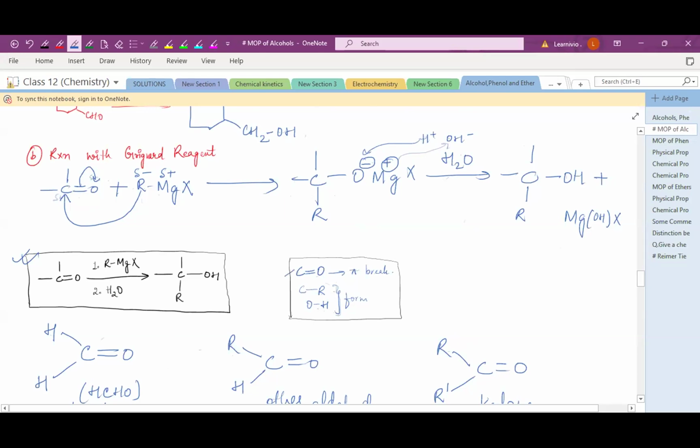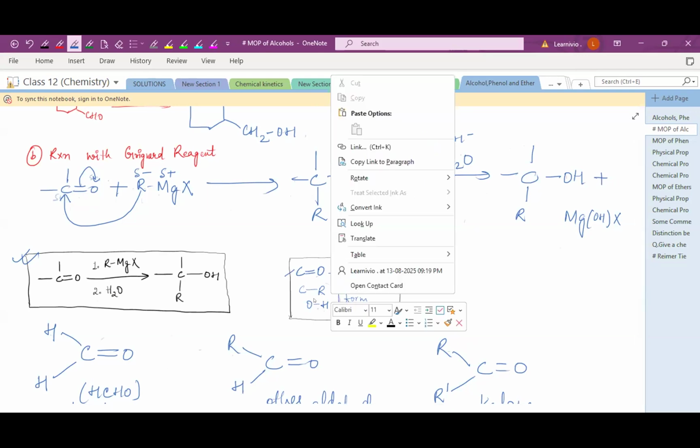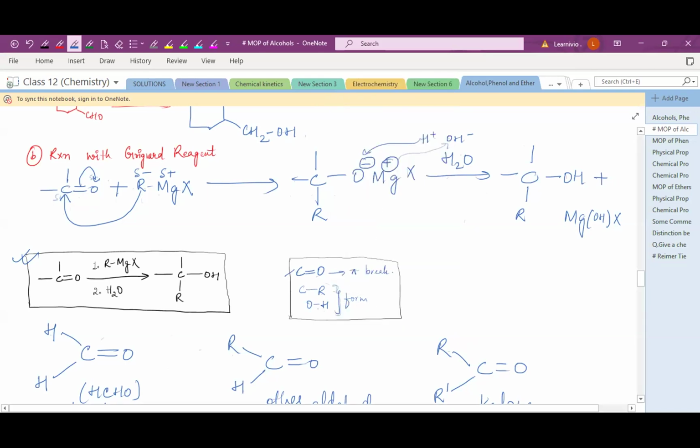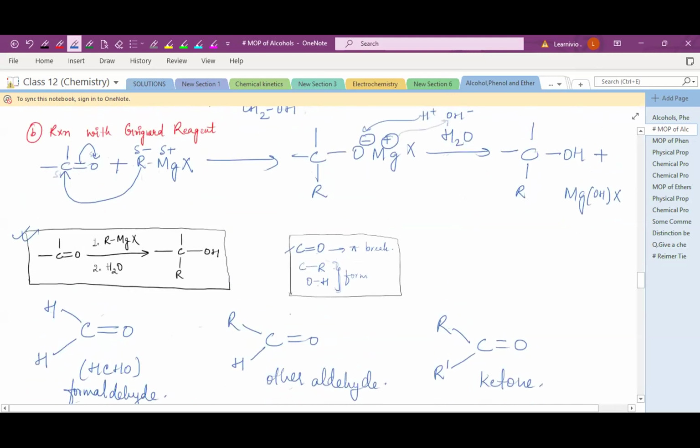This pi bond will break, and new bonds will be formed between the carbon and the R alkyl group, and the OH bond will be formed. Clear, Ali? Yes, ma'am. Okay, quickly write it down.